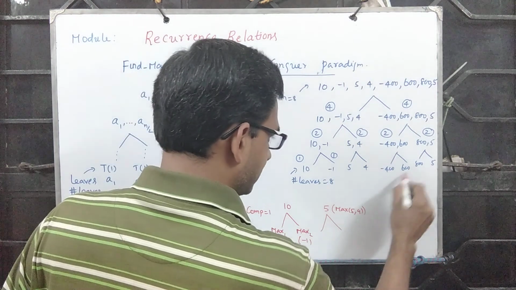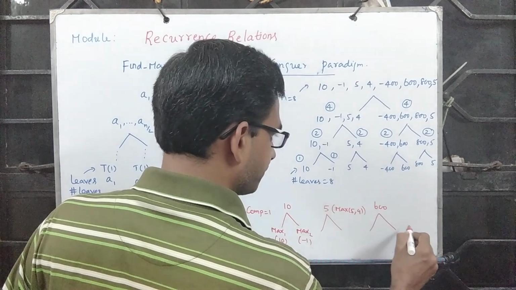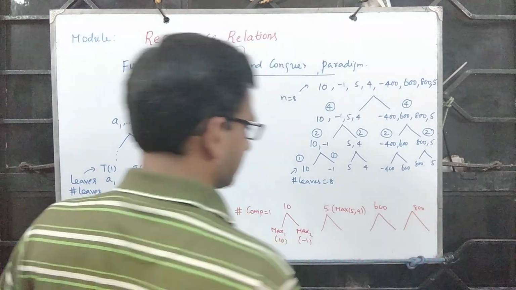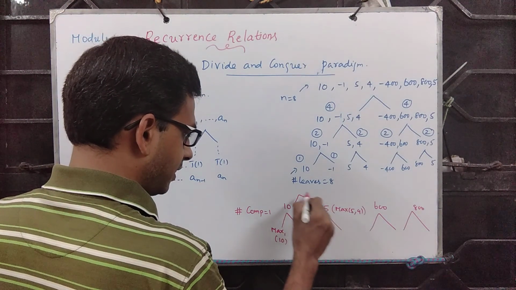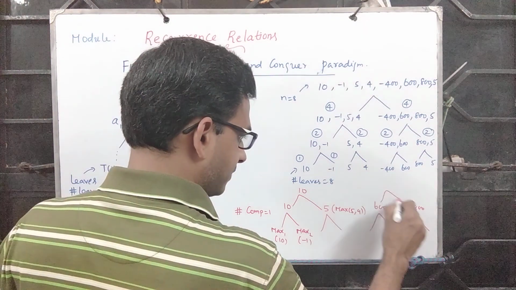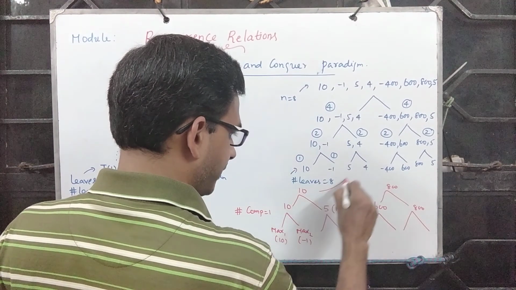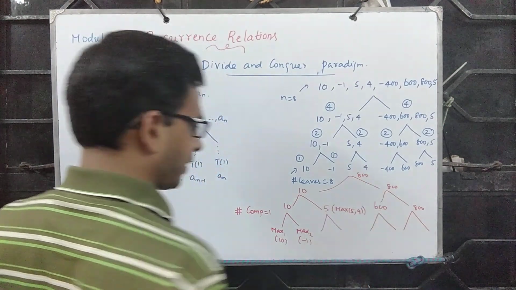Then this is max of these two, and then 800 is max, 5 is max, compare. Continue this procedure. At this level, max of 10, 5 is 10. At this level, max of 600 and 800 is 800. Then at the top, max of these two is this.